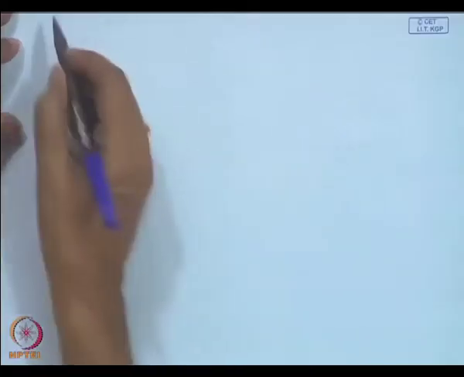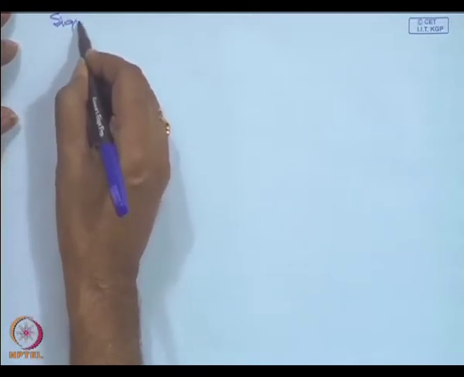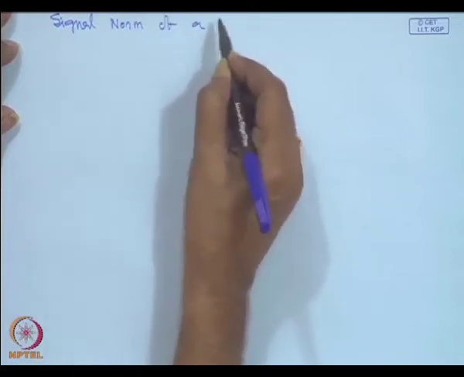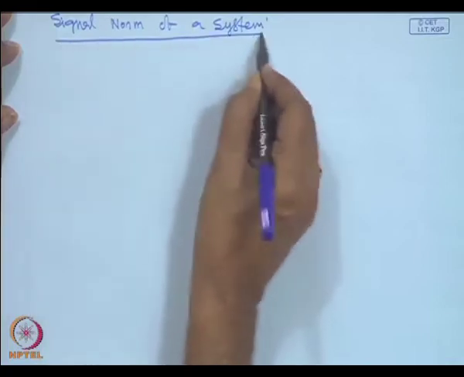Next, straightaway we will come to the system norm. If you have a system, signal norm of a system. Now, we are coming to the system.